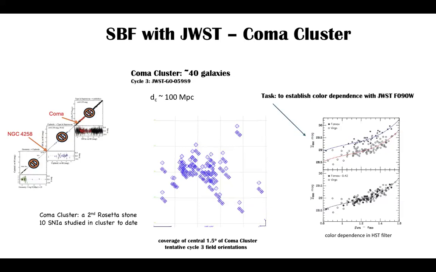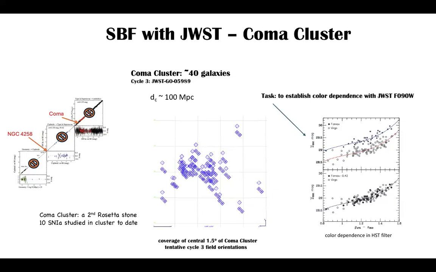And so we need this calibration using these 40 galaxies in Coma, which are all essentially the same distance within 1.5% distance. And we will then have a relationship that looks like this in the JWST bands. And that will then complete the calibration, if you like, of surface brightness fluctuations with a calibration of colors.